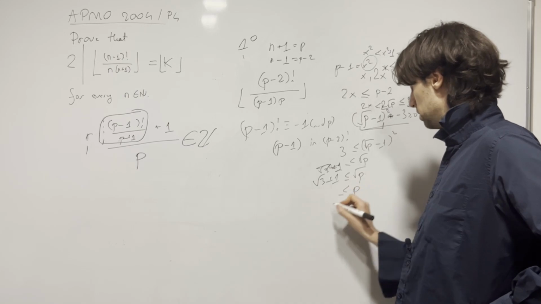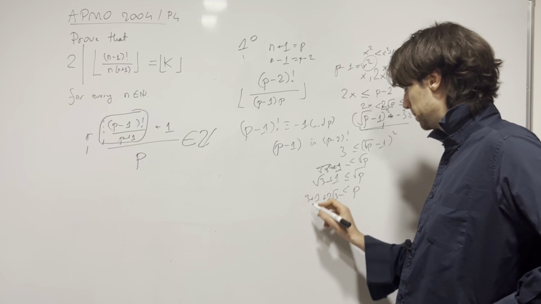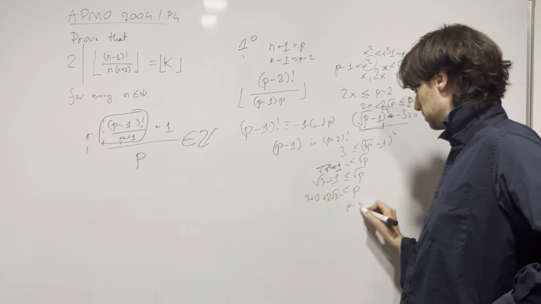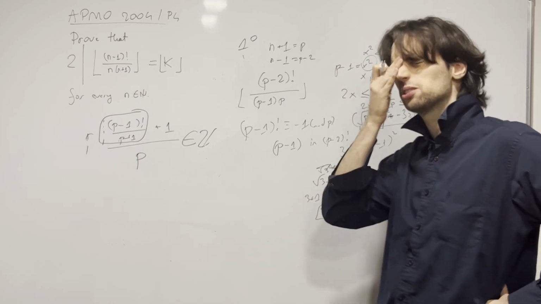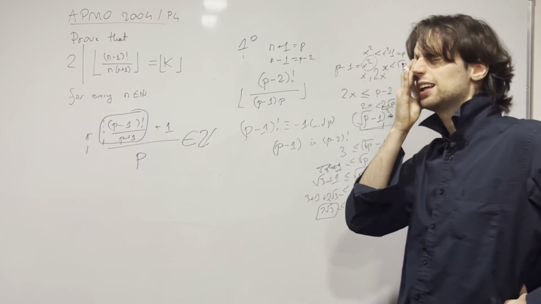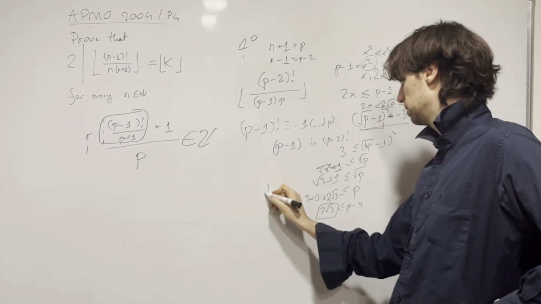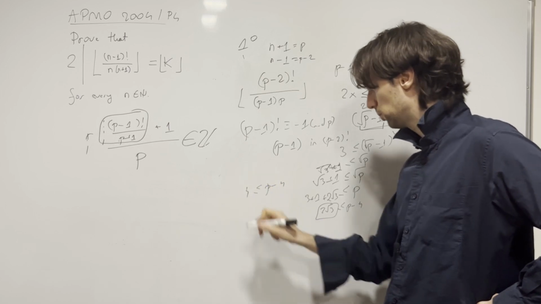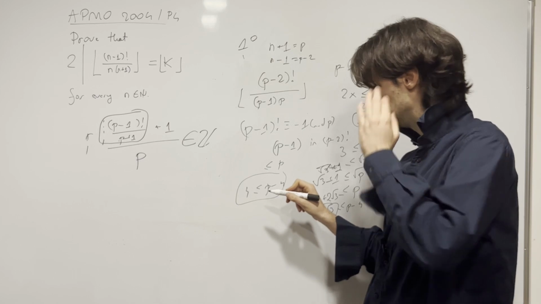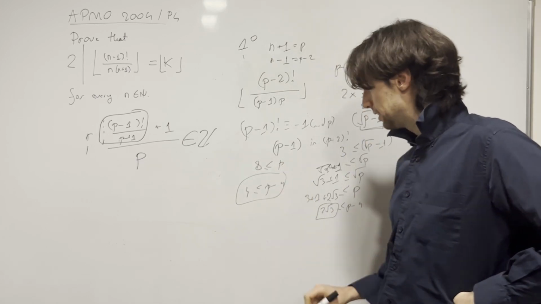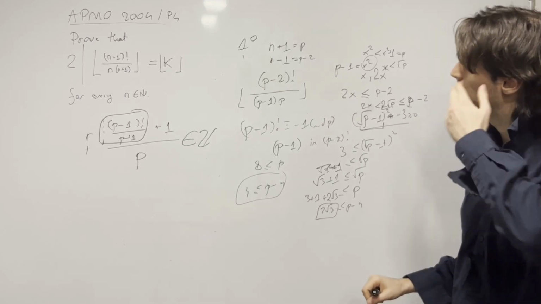This is p greater than or equal to 3 plus 1 plus 2 square roots of 3, so p minus 4 greater than or equal to 2 square roots of 3. Is that less than 4? Yes, it's less than 4, so I need to have p minus 4 greater than or equal to 4. I need p to be greater than or equal to 8, right?